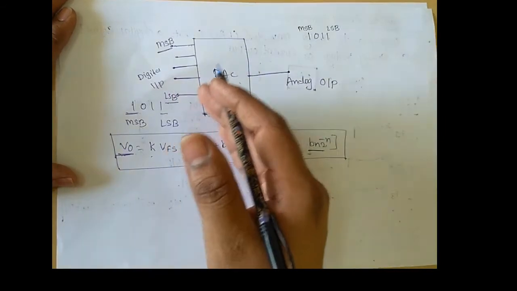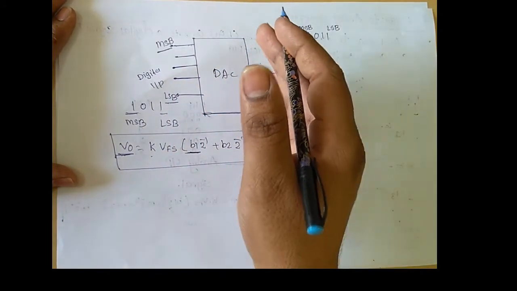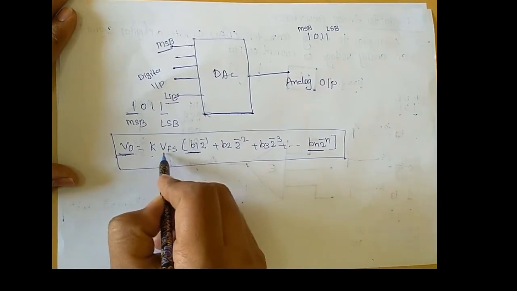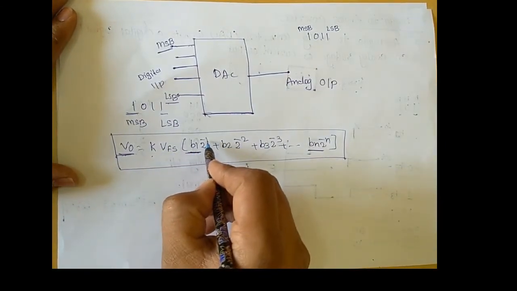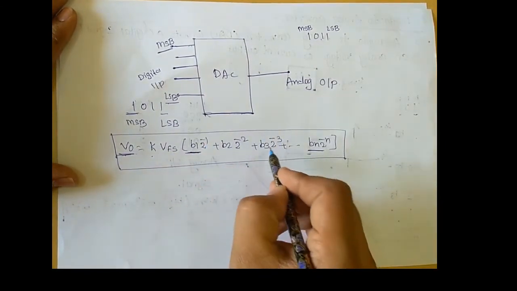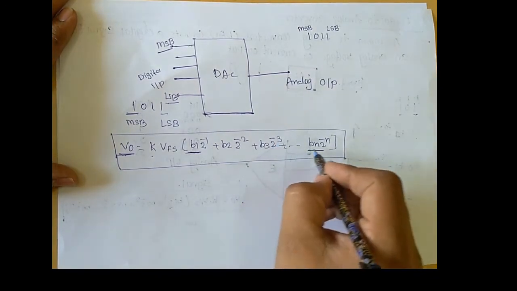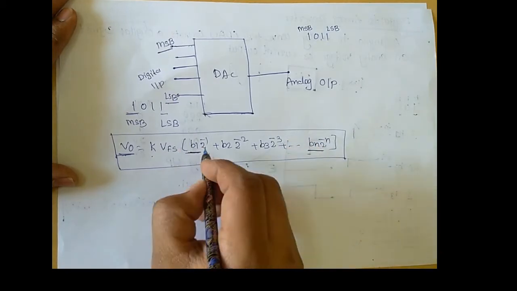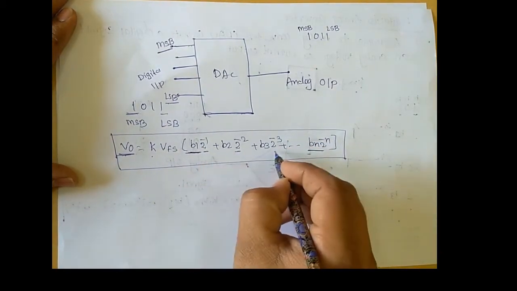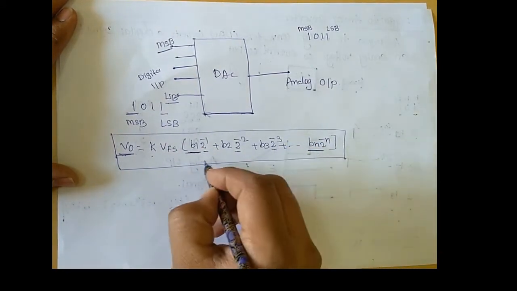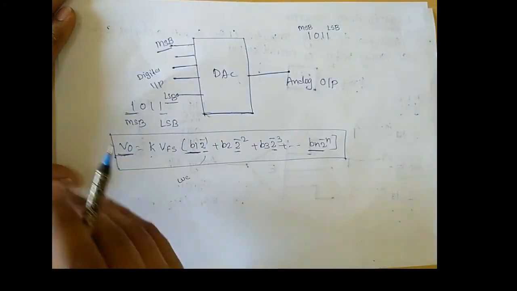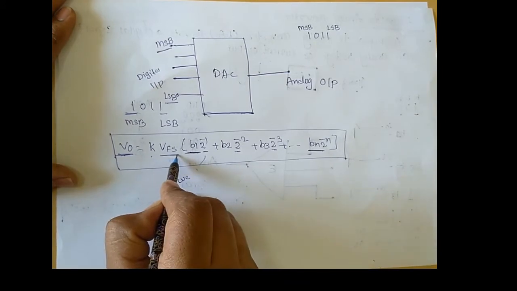We know that the output voltage expression of this digital to analog converter is V naught equal to K into VFS of B1 into 2 power minus 1 plus B2 into 2 power minus 2 plus B3 into 2 power minus 3 and so on, Bn into 2 power minus n. Here 2 power minus 1, 2 power minus 2 and 2 power minus 3 indicate the weighted resistors in the given circuit, and this is how we consider the reference voltage.